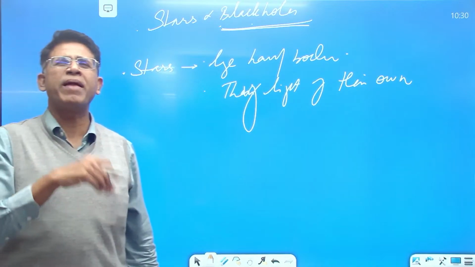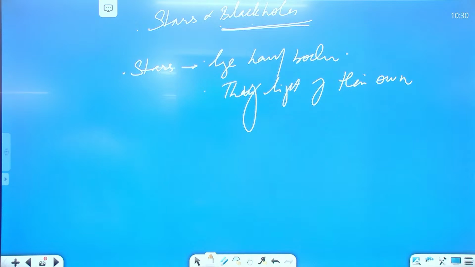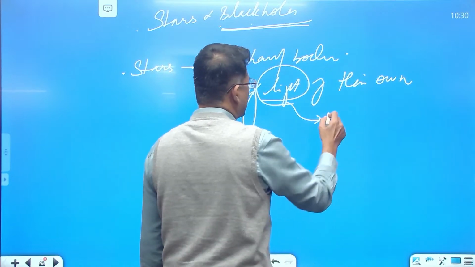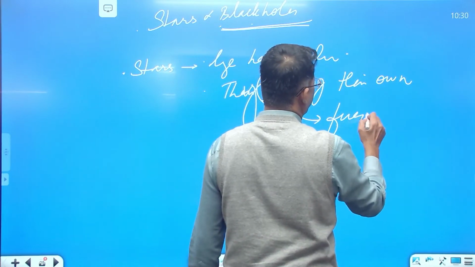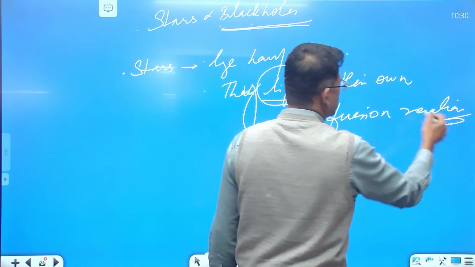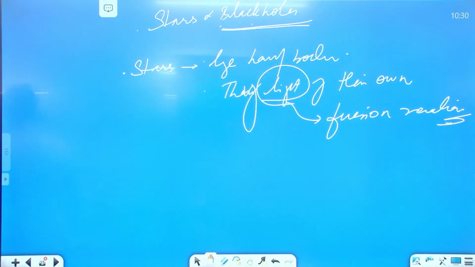There's one difference between planets and stars. यही है. Planets, they don't burn themselves, but stars will have their own light. Okay, the light of their own कहाँ से आता है? Largely from the fusion reactions. Okay, the sun has a lot of fusion going on, hydrogen, helium. Okay, there is some radioactivity going on.